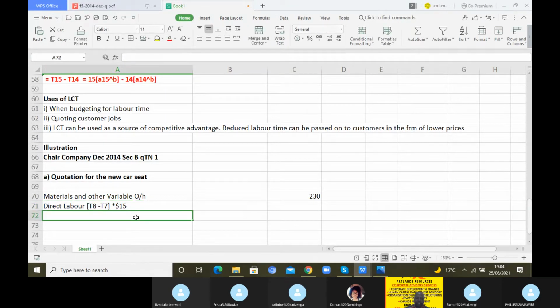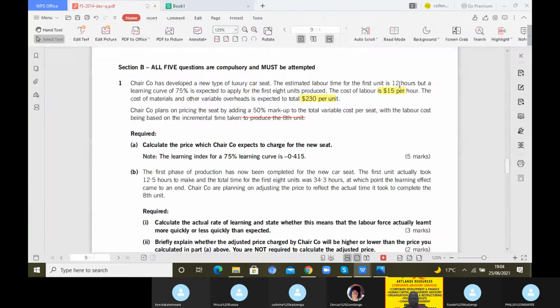So let us now find T8. If you want to find T8, you say 8 times the time taken for 8, which is 8 times A to the power of 8. In this case, A is 12 hours because the first unit took 12 hours. So A is the time for the first unit.